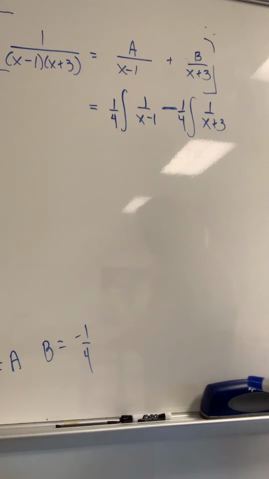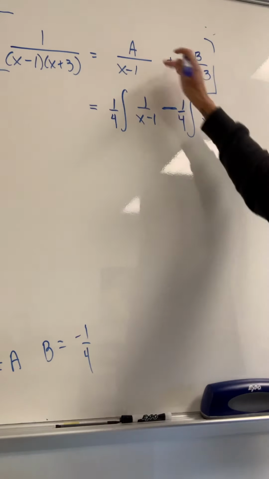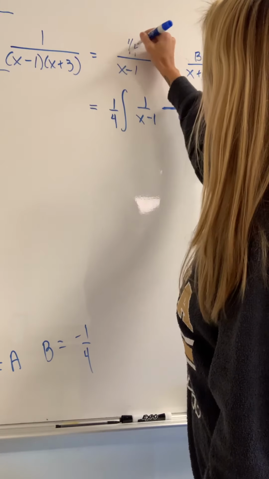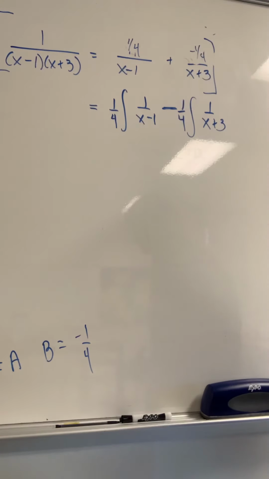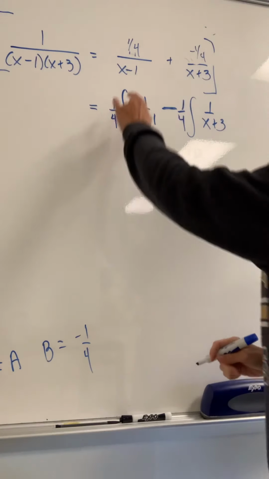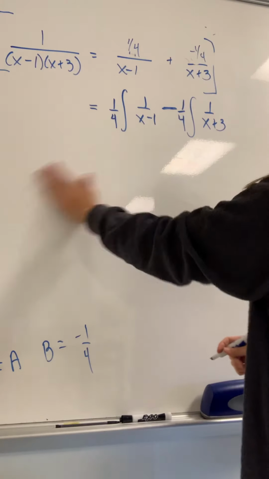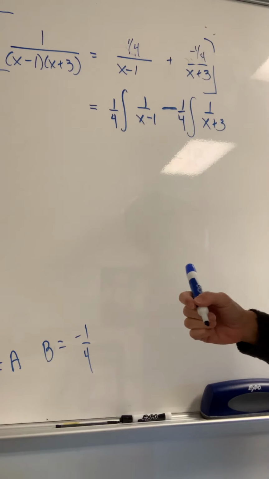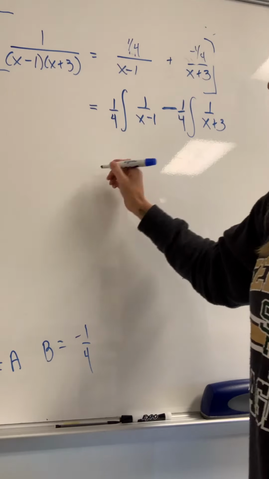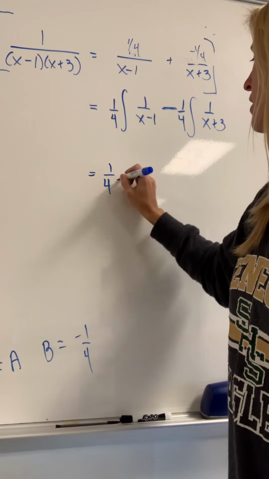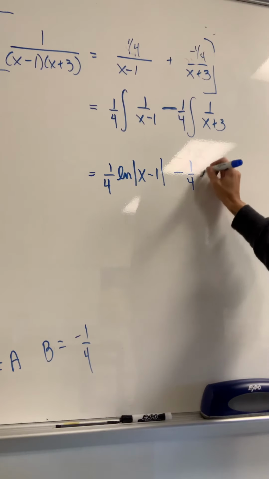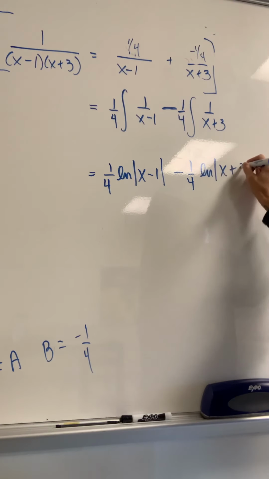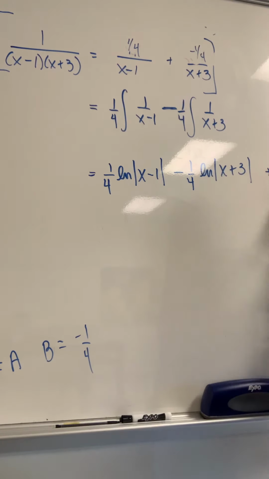I just feel like putting a 1/4 on top of this feels confusing, so I'm going to take those coefficients out to the front before I even start on the integration. So this is 1/4 times the natural log of x minus 1, minus 1/4 times the natural log of x plus 3, plus C.